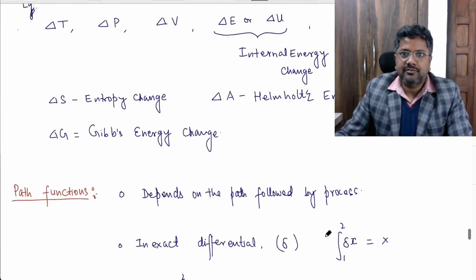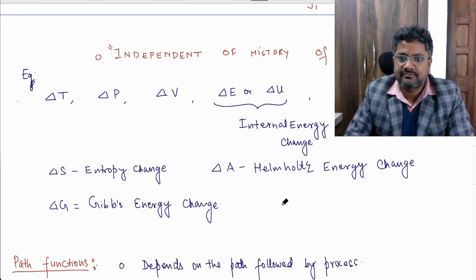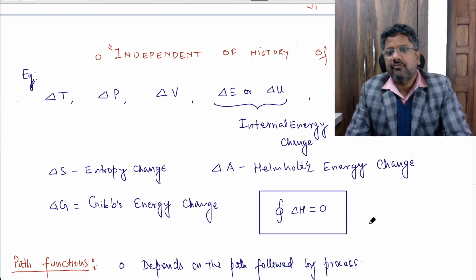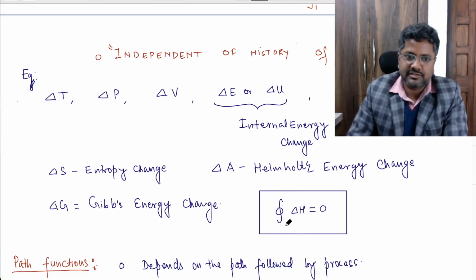But if you take any one of the state functions, and if you take a cyclic process, suppose that this is delta H, then this is equal to 0. So this is one more way to represent state functions and path functions.